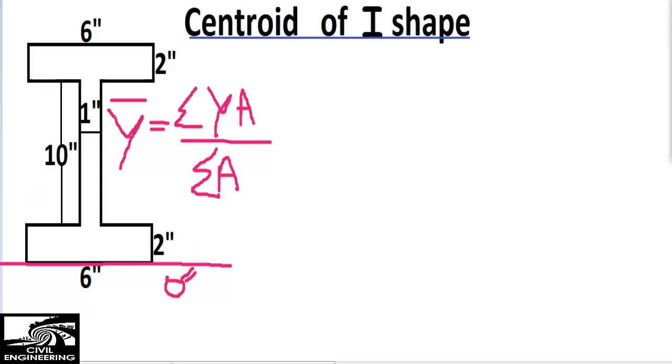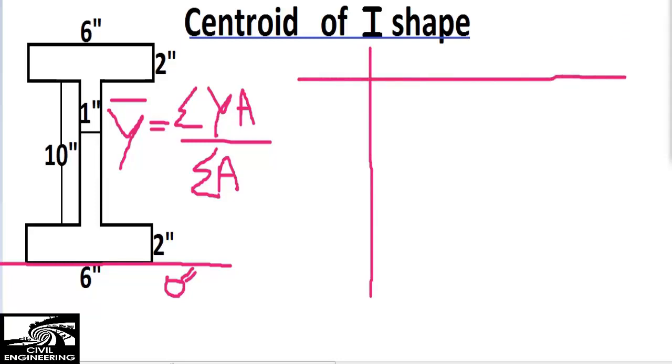So we start. To start, we will first make a table in which I will write the first rectangle, I assume, this is the second object, and this is the third object, right? So 1, 2 and 3.